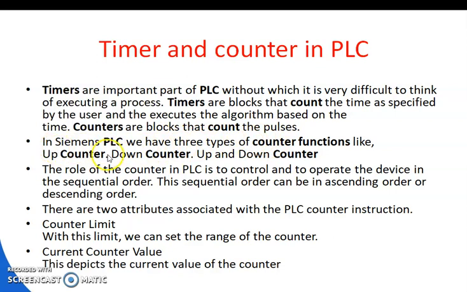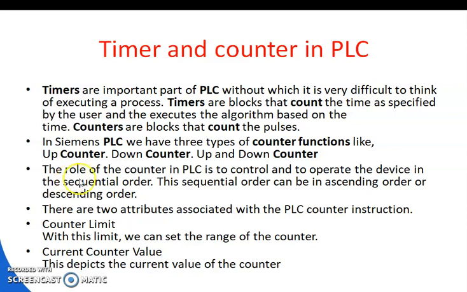In Siemens PLC, we have three types of counter functions like up counter, down counter and up-down counters. So the PLC has three different counters, that is up counter functions, down counter functions, up and down counter functions.